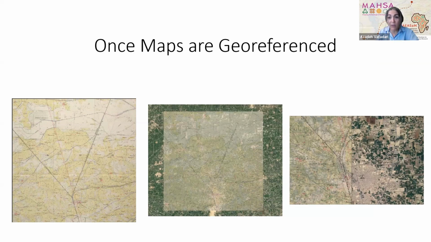What we are doing with georeferencing is taking these maps and aligning them with real-world coordinates so they can then be analyzed alongside other spatial data that you have in GIS or can bring into GIS.